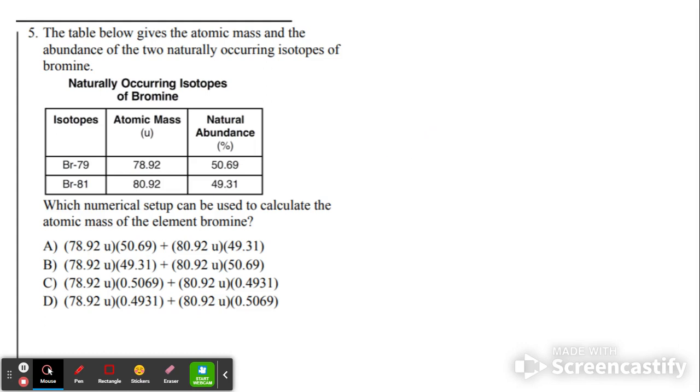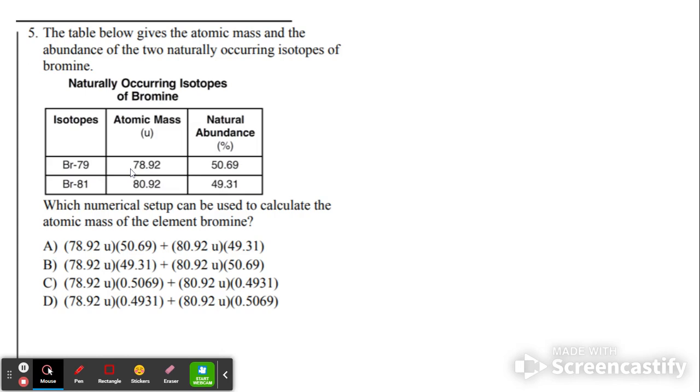Question 5. Which numerical setup can be used to calculate the atomic mass of the element bromine based on the isotopes shown? So we have bromine 79 and bromine 81.